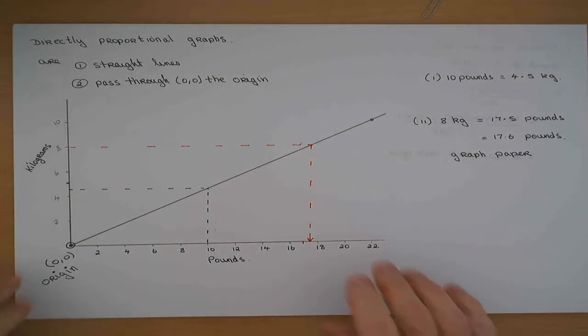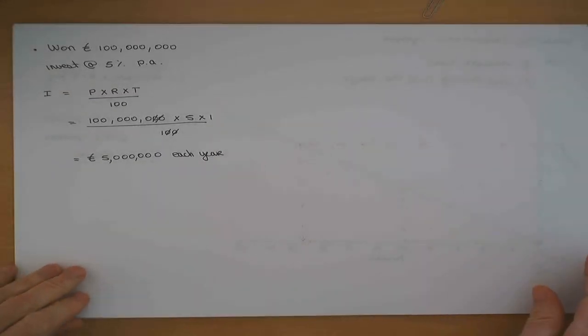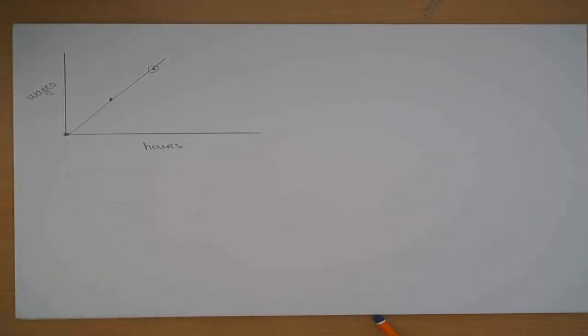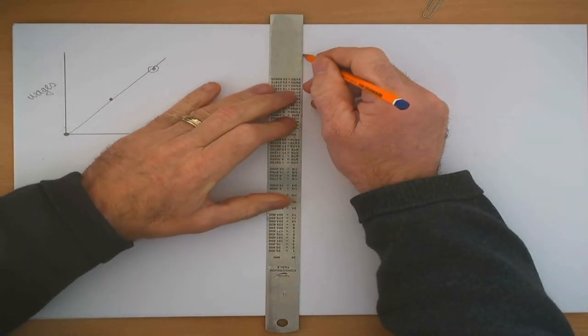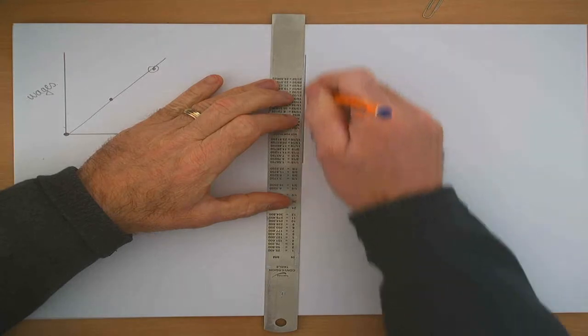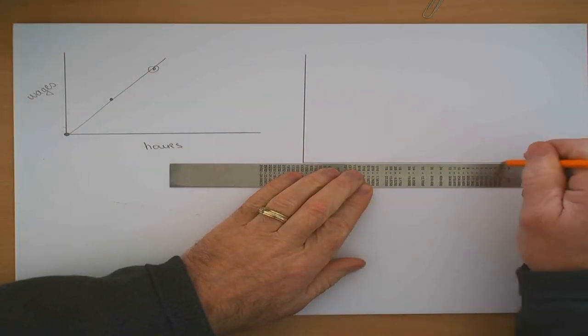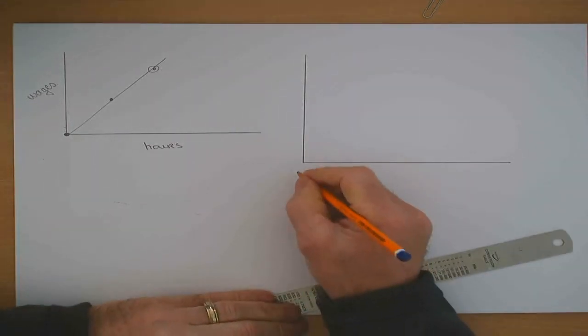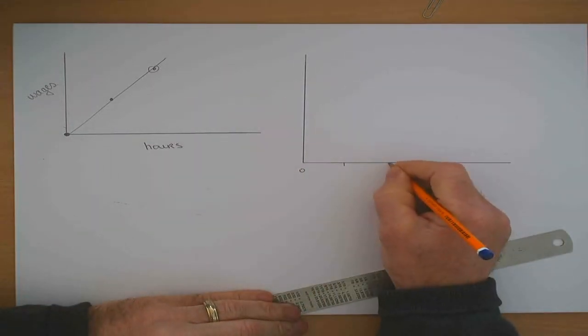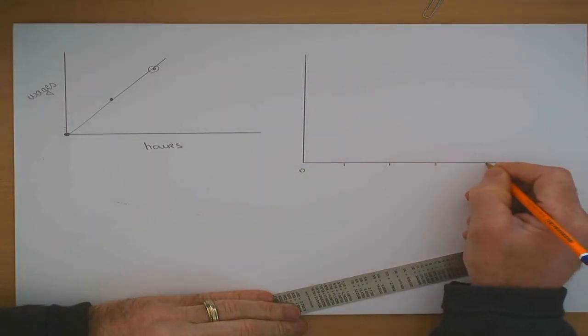Now, some graphs aren't known as directly proportional, but there's a lot of proportionality in them. I'll give you an example of one that would be so. If you got someone to call out to your house to fix the TV or something, right?